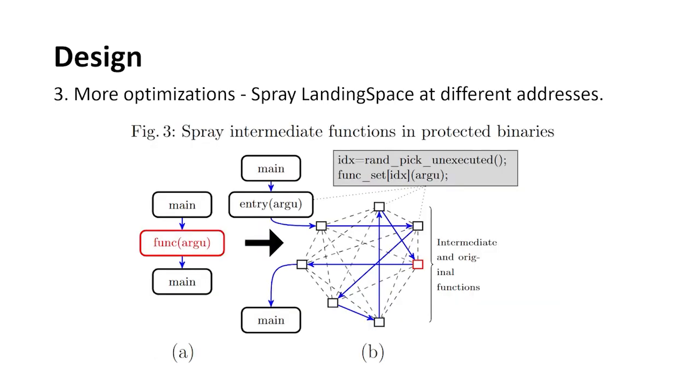To handle this problem, we abandon the landing space occupying a large space. Instead, we create many intermediate functions chained to the original function. Each intermediate function only has an empty function frame with a small landing space. Since the high address of each function is different, it is less likely to cause hash collisions.